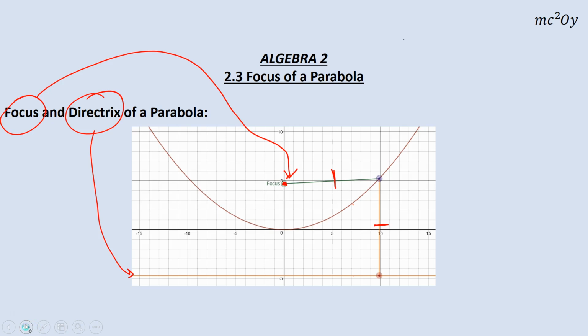Just so you know, if I were to have a satellite dish of some sort, a cross section of which is a parabolic curve, and I were to have something hitting from the focus to the outer edge, it could hit this parabola and then push outward in a straight line, a line that would be perpendicular to our directrix.